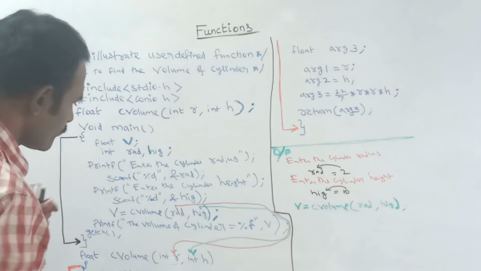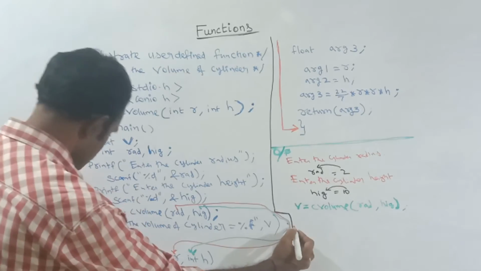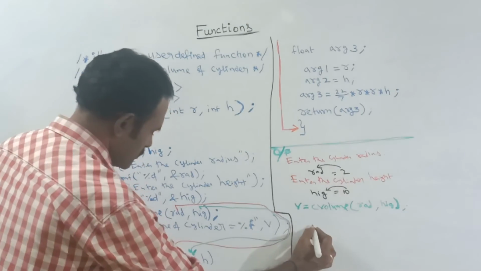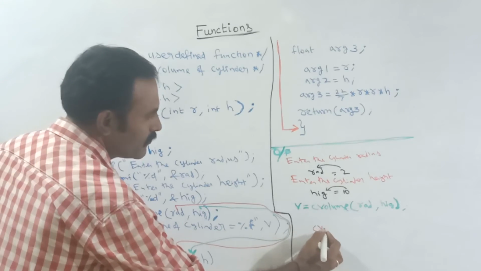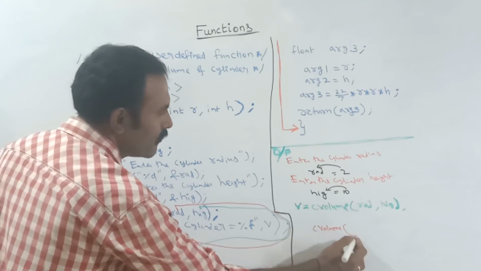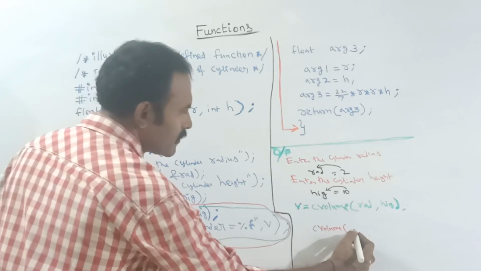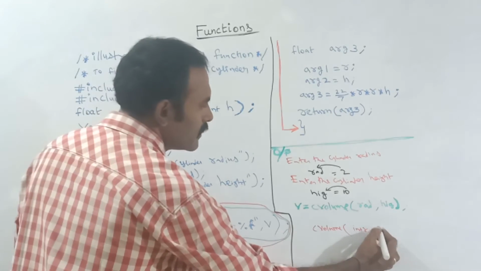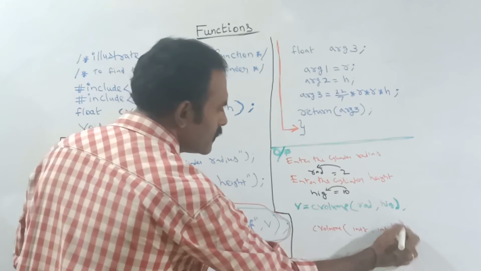Now this is the function definition. In the function definition, here C volume, inside it integer R, next integer h.